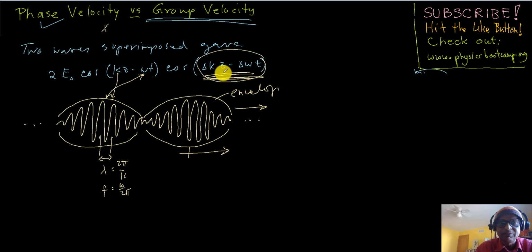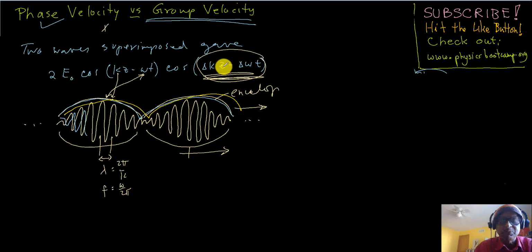If you look at time t and then t plus delta t, the packet has shifted a little bit to the right.